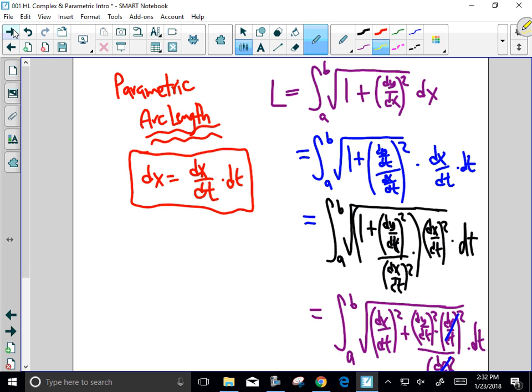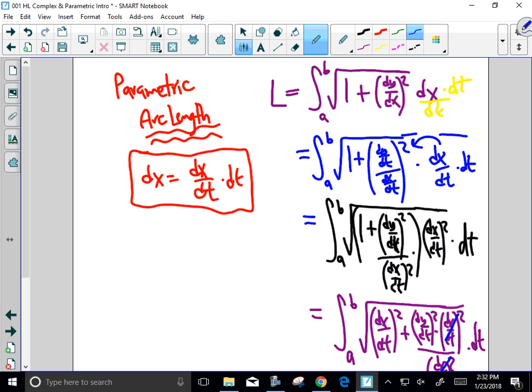Parametric length. Let's say that instead of dy dx, we want to change this into parametric. dy dt over dx dt. Just divide both by dt. And then dx, we're going to multiply by dt over dt. So this is dx dt times dt. And this is 1 plus that. Now I'm going to pull this into the square root, like that.